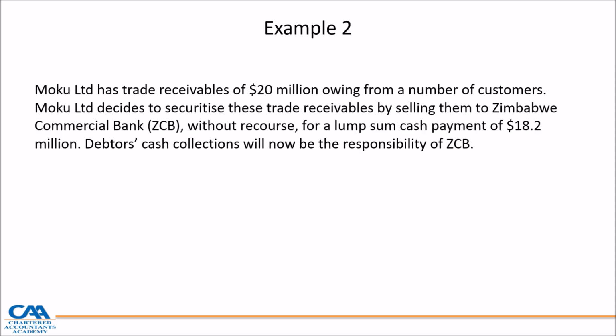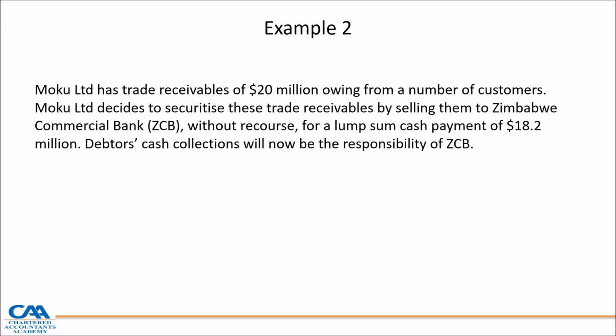And then let's go to example 2, where Moku has trade receivables of 20 million owing from a number of customers, and Moku decides to securitize these trade receivables by selling them to Zimbabwe Commercial Bank without recourse for a lump sum payment of 18.2 million. The debt collection will now be the responsibility of ZCB.